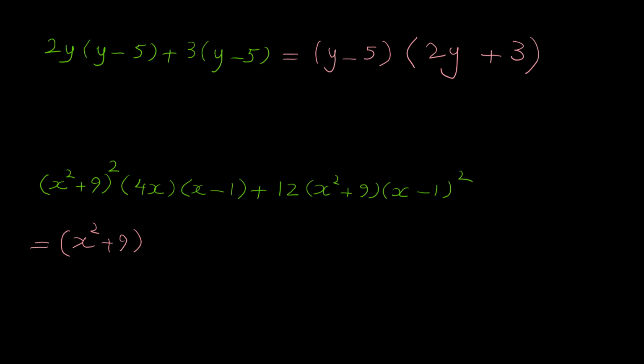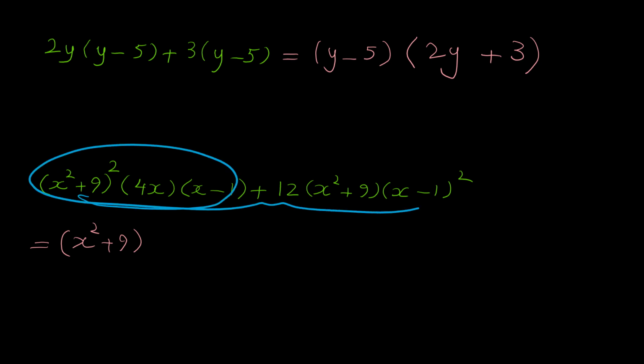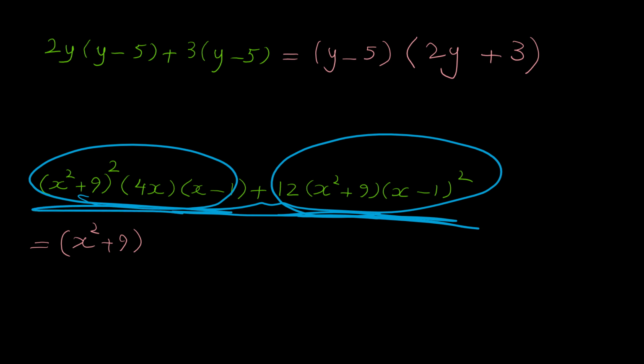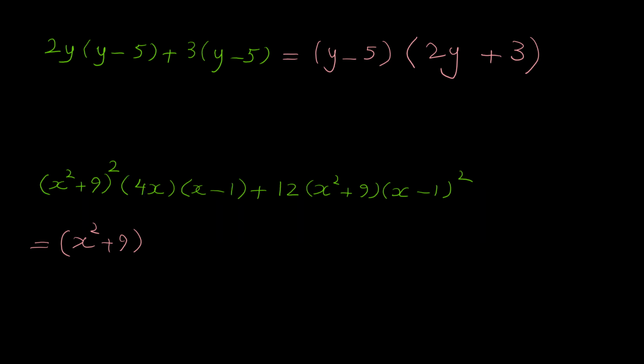So it was better that first, when we look at these two expressions, we check for common factor between the numbers, but I forgot to do that. Between 4 and 12 the common factor is 4, so we have to factor 4 from these two expressions.